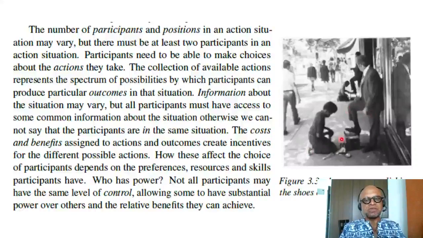So this situation is asymmetric in that sense, but you can see that there may be another situation where these same two players may be involved with different relative positions in that action arena and action situation.